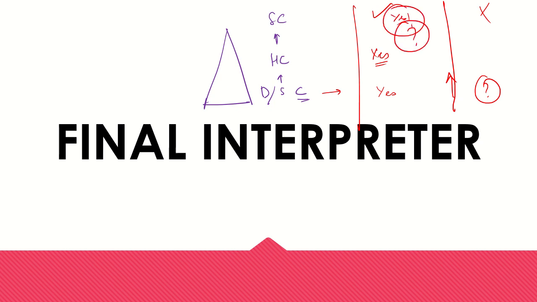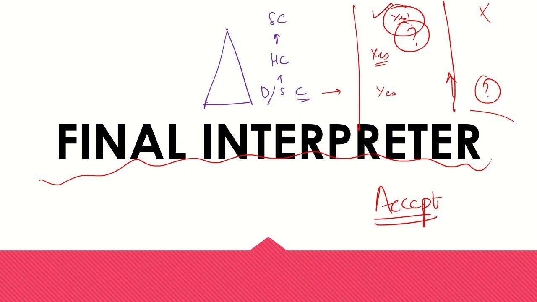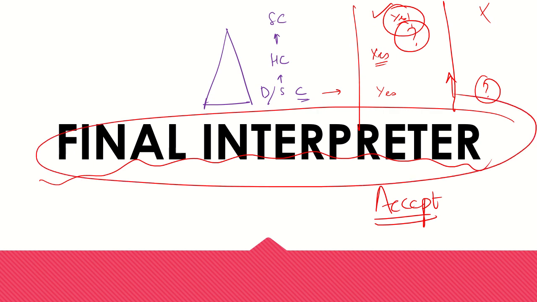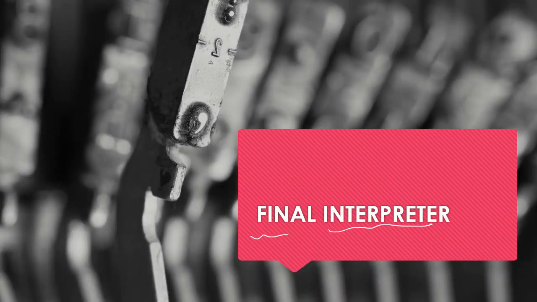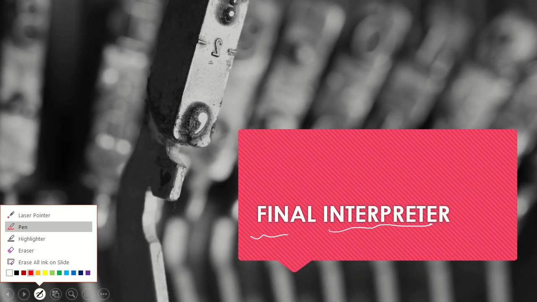Now, what can he do? Nothing. He has to accept it because the Supreme Court is the final interpreter of the law. Once the Supreme Court says something, the matter is final. It's important for you to know that the Supreme Court is the final interpreter of the law.